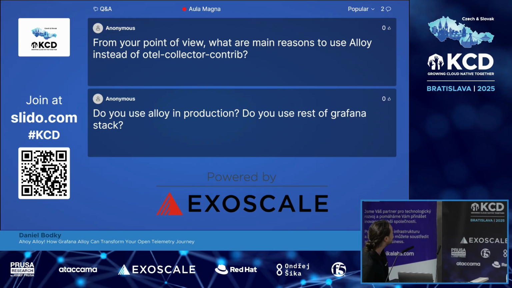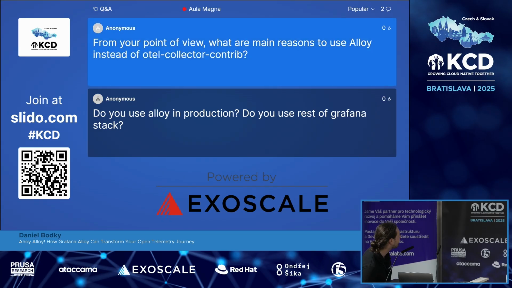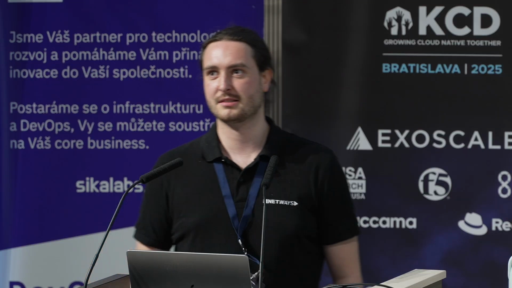From your point of view, what are the main reasons to use Alloy instead of OTel collector contrib? So one reason I see quite often on the Grafana Slack, where I hang out a lot and people come with their use cases and problems, is that Alloy can do lots of things because they are built in, because Grafana wanted them to be built in.